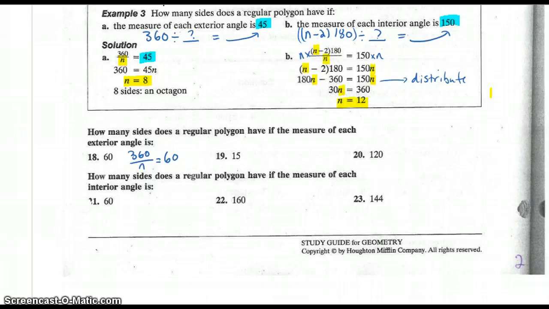If we roll through our algebra, our equation becomes 60n is equal to 360. Divide both sides by 60, and I get n is equal to 6. That means that there are 6 sides, or a regular hexagon has each of its exterior angles measuring 60 degrees.